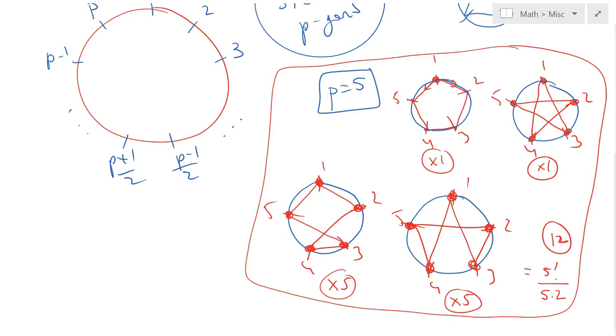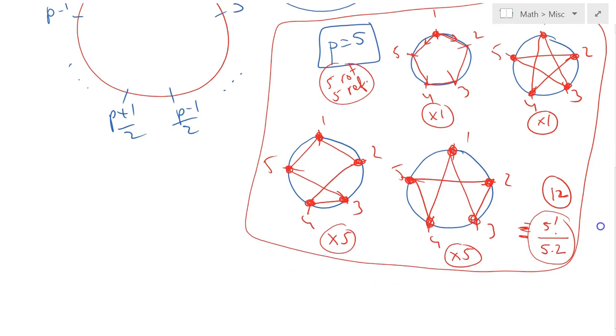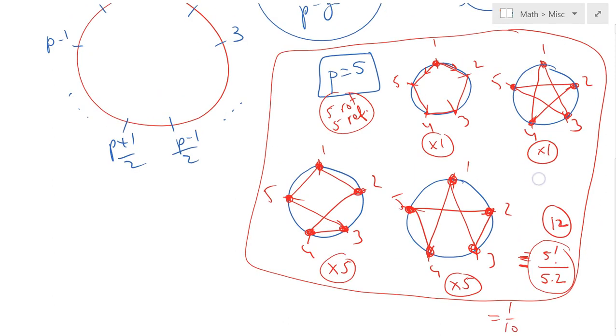By the way, this is nothing but Burnside's lemma, and that's why I have listed it here under Burnside. Basically, what's going on here is we have a group of symmetries. The group has 5 rotations and 5 reflections for a total of 10. So the formula would be 1 over 10 times the number of fixed points of each of the symmetries.